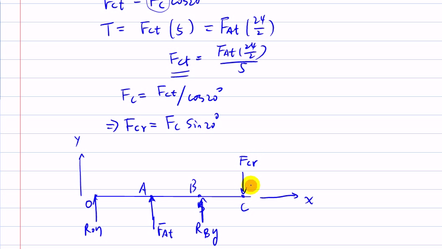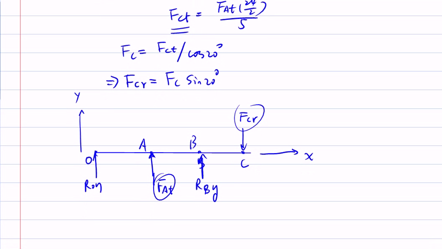Now you know this too, and you can use the equilibrium equations to calculate ROY and RBY. When you calculate, ROY is actually negative. And RBY is positive, so the direction is the same as we assumed, 158.1. So now this is our XY plane.